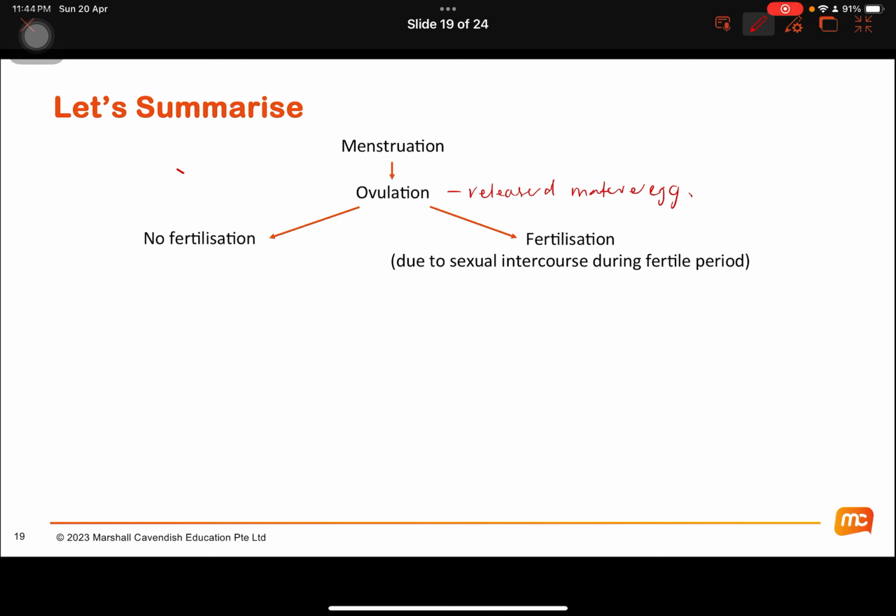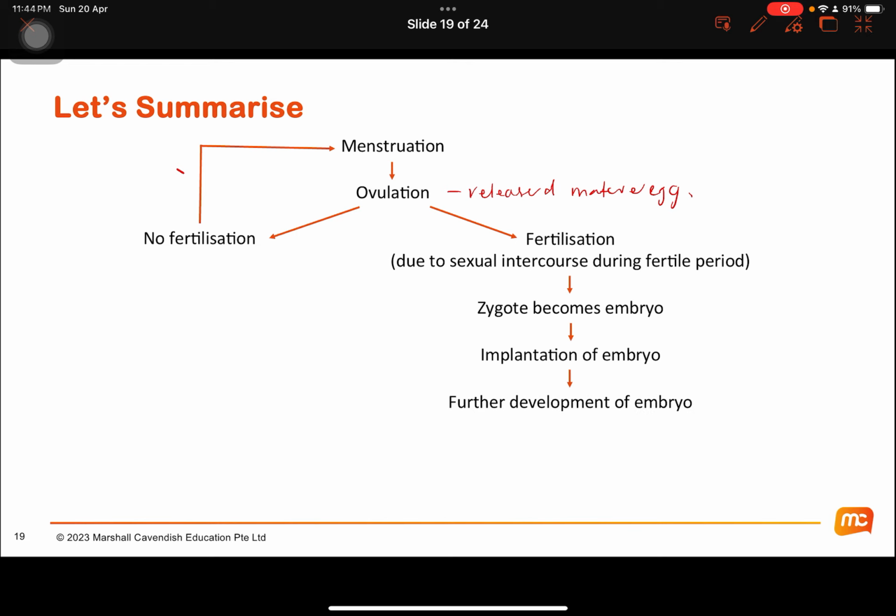One is fertilization due to sexual intercourse and not being fertilized. Alright, so if it's successfully fertilized, it will then develop into an embryo implanted in the uterus and then further develop into a fetus before delivering at the end of 9 months. Alright, and that marks the end of 12.4.